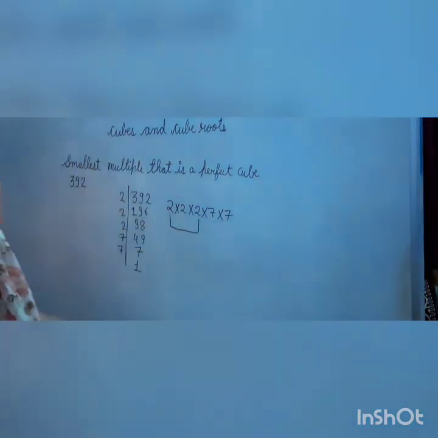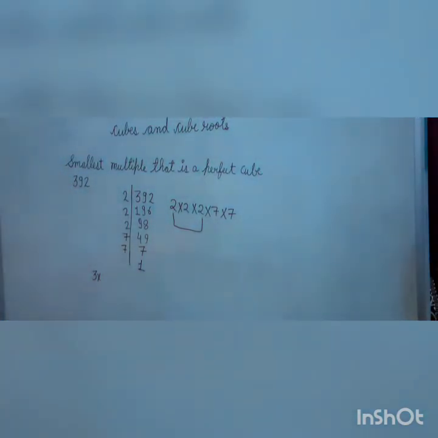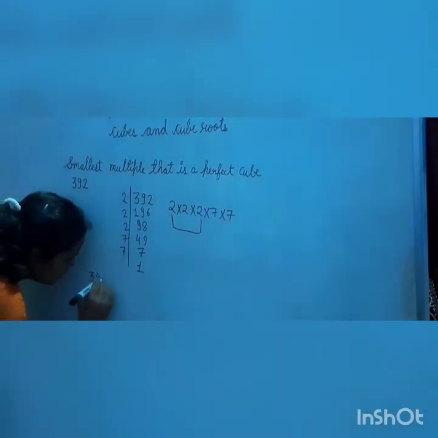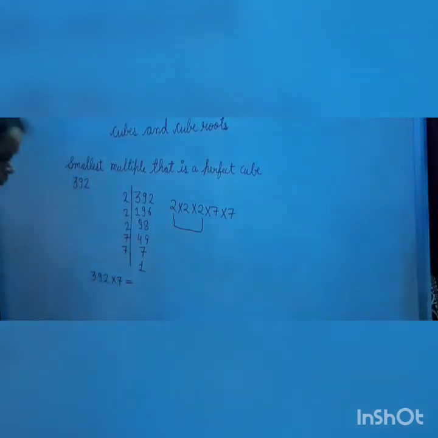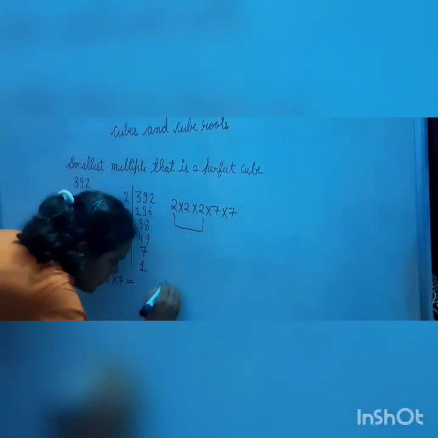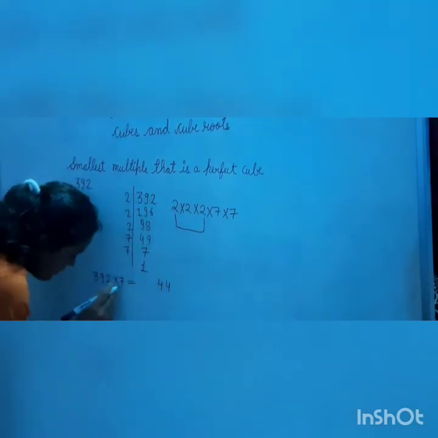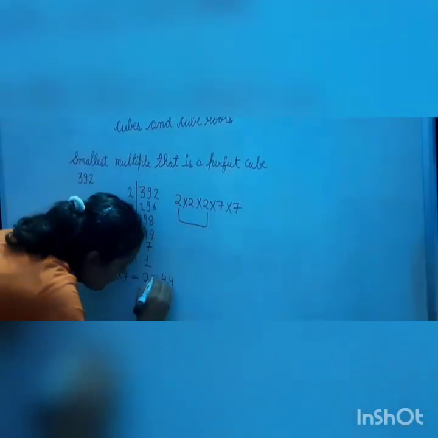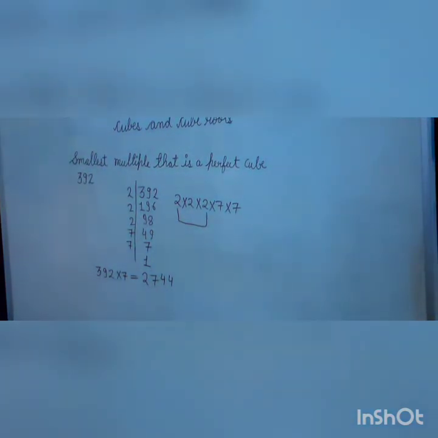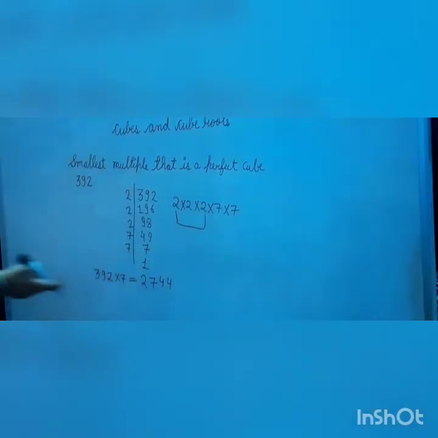So what you have to do is multiply 392 by 7. 7 times 2 is 14, 1 carry, 7 times 9 is 63 plus 1 is 64, 7 times 3 is 21, 21 plus 6 is equal to 27. Now you can see that the number is 2744.